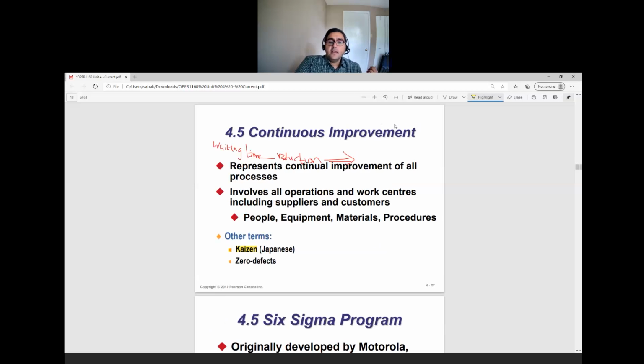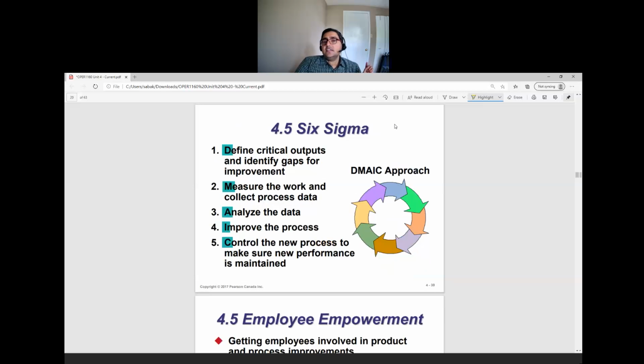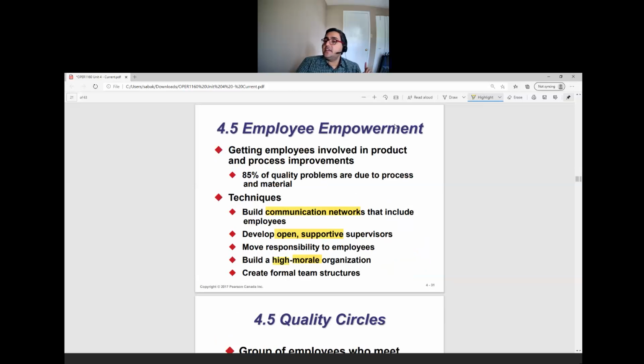If you try to continuously improve upon this, that is called the continuous improvement philosophy. We discussed a little bit on the Six Sigma methods. DMAIC is the only thing which you need to remember here. It is a statistical technique which is very commonly used in industry, which we are not studying here.